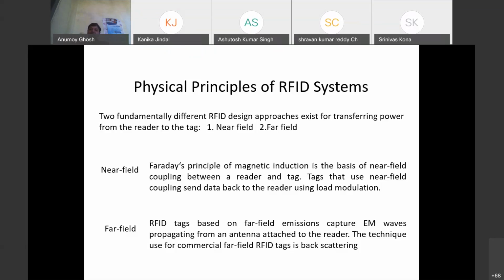And in the RLC circuit, in the L part, there will be some magnetic energy storage, and in the capacitive part, there will be some electric energy storage, which as such we cannot retrieve. So any power in a circuit has basically two parts: one is the obtainable power, and another is the non-obtainable power. Generally, the obtainable power we term as the active power, and the non-obtainable power we term as the reactive power.